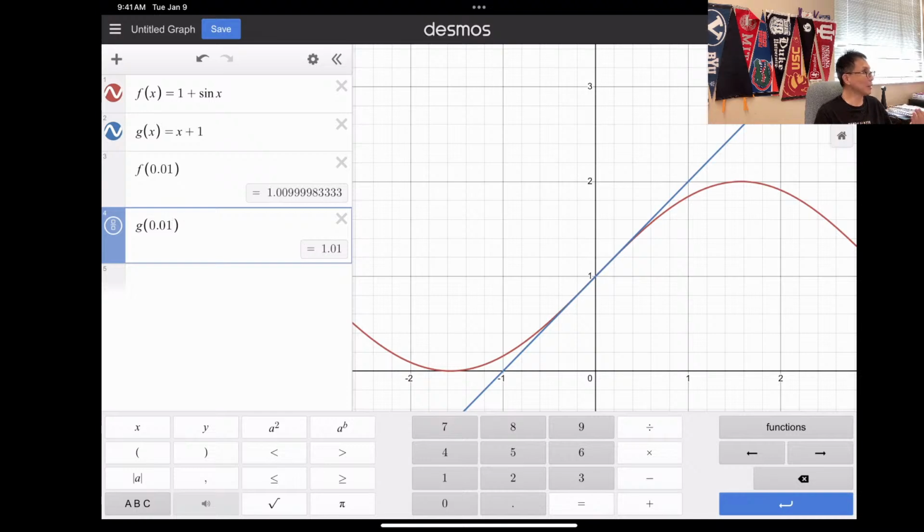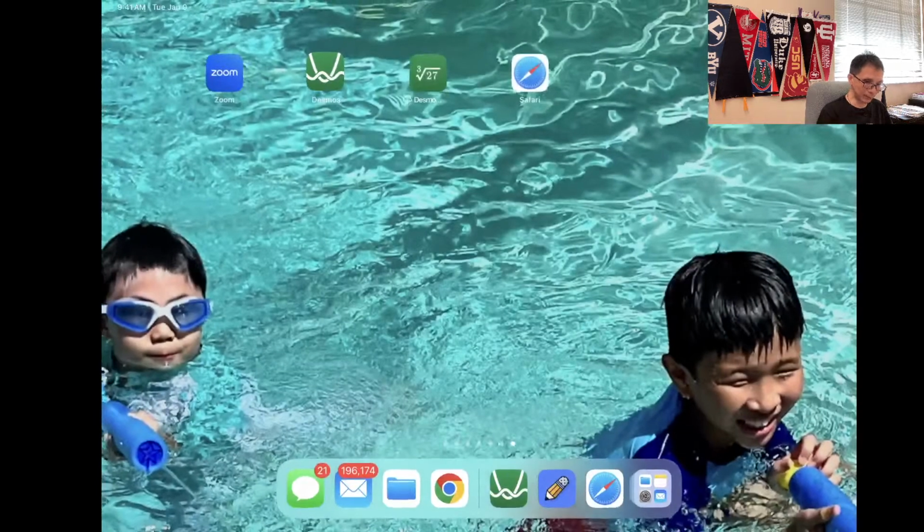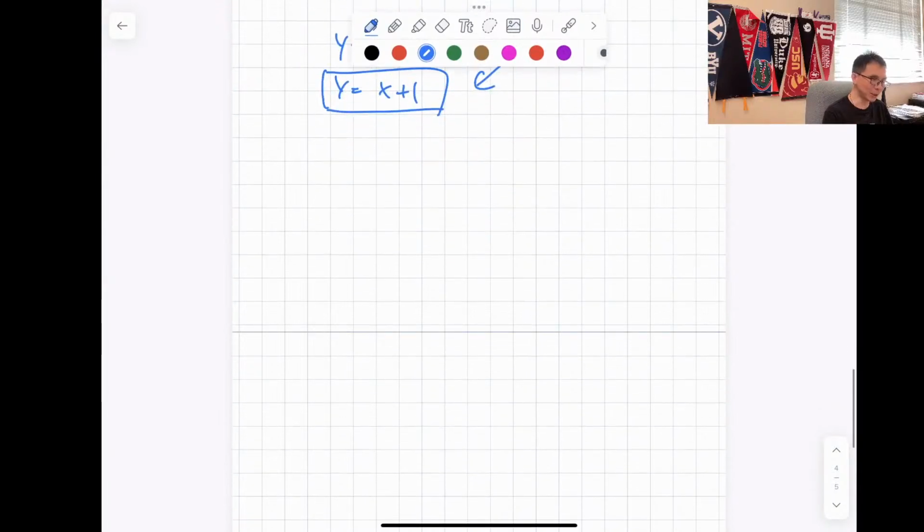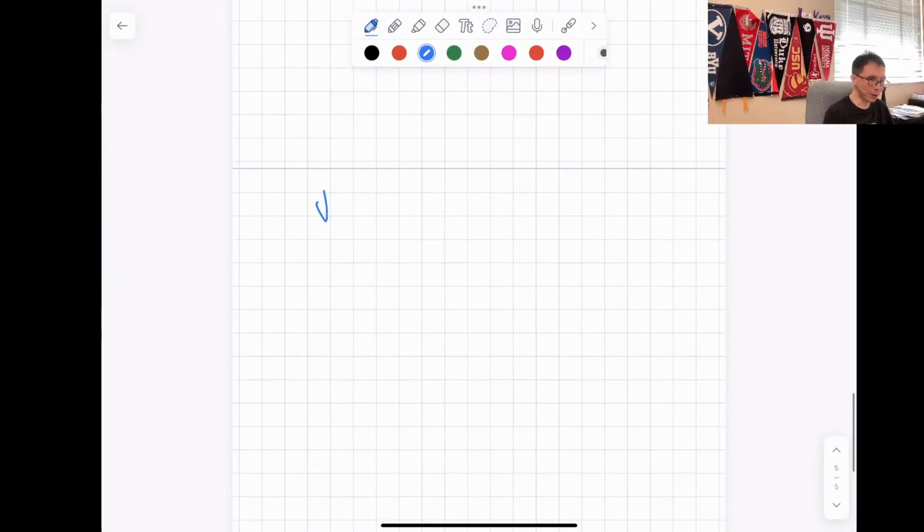How many times last year did you see it on the FRQ? Almost every question says use a tangent line approximation to approximate this, or basically use the tangent line and plug in a value. That's it. So a long time ago, how did people calculate the square root of 24.9?